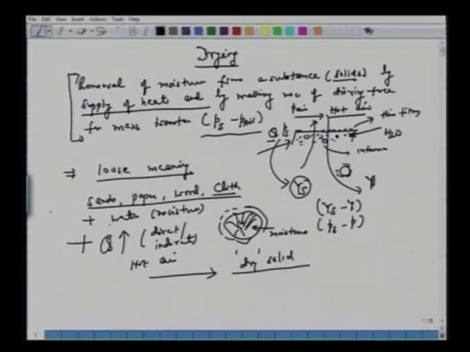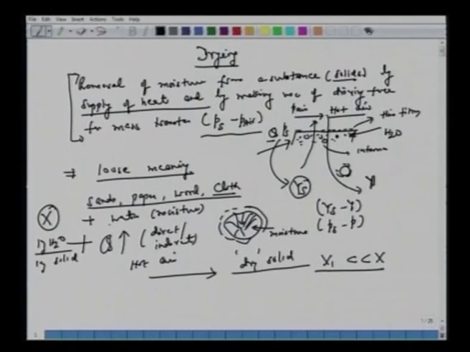Initially the moisture content was x, say kg of water per kg of solid, and here we have x1, where x1 is much smaller than x. In other words, rarely will we have x1 go to 0. It's a rare possibility. We will see a lot of limitations, because of the property of the solid itself, because of air, or certain operating conditions.